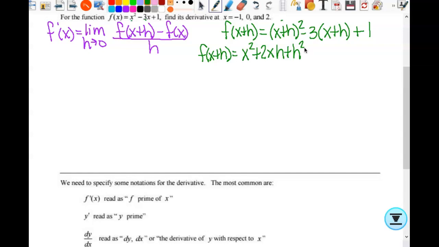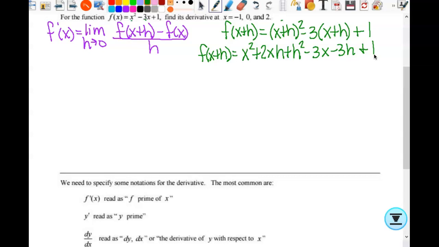That's the pattern for that, or you can write them out and do your FOIL. Then we're going to distribute that -3, so I get -3x minus 3h plus 1. Everybody okay with that so far? Doesn't look real pretty, but it's okay.